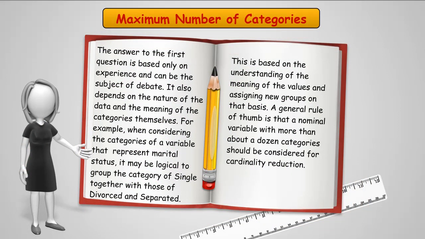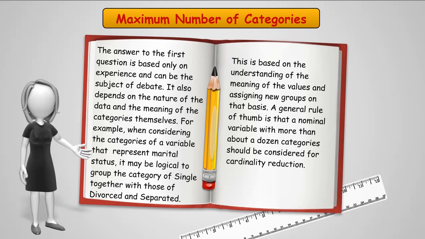The answer to the first question is really tough to answer because honestly, it depends on experience and the nature of the data and your understanding of that data. As a general rule of thumb, for example, if you were to look at marital status, you'd typically break that up into single, married, divorced, separated, and perhaps widowed.